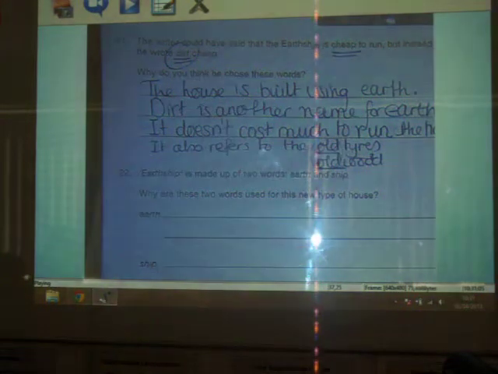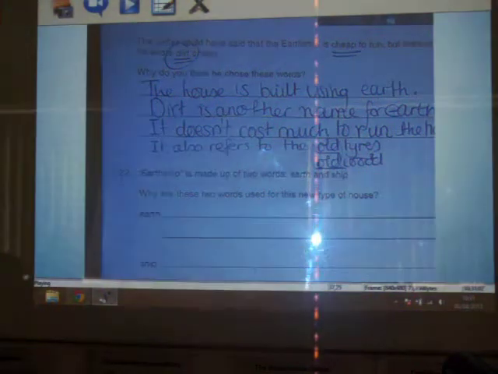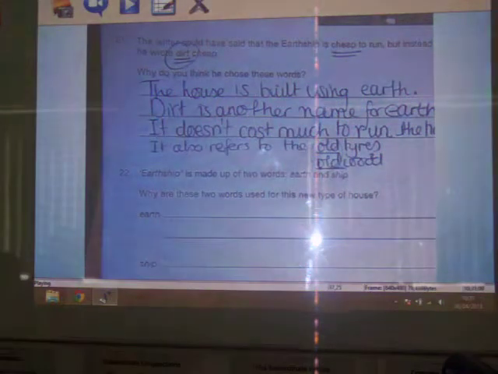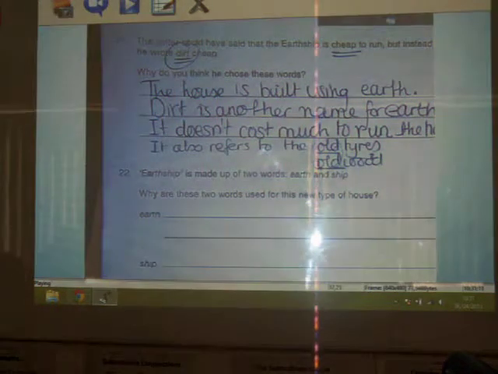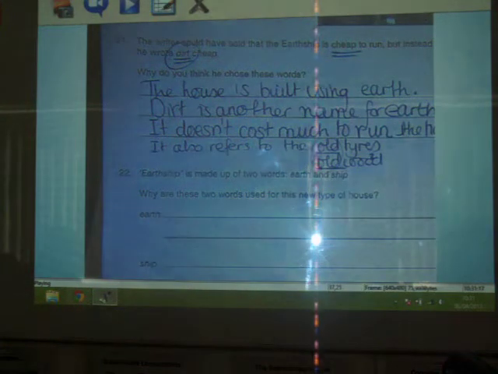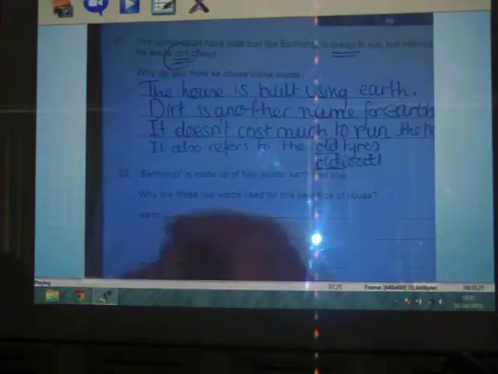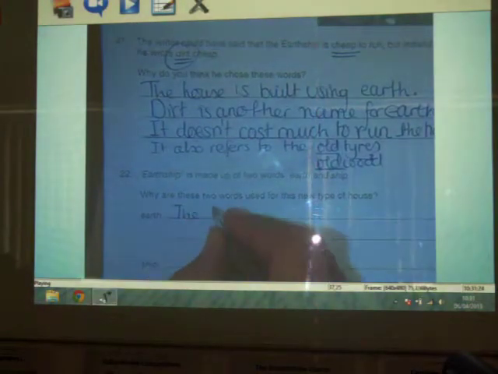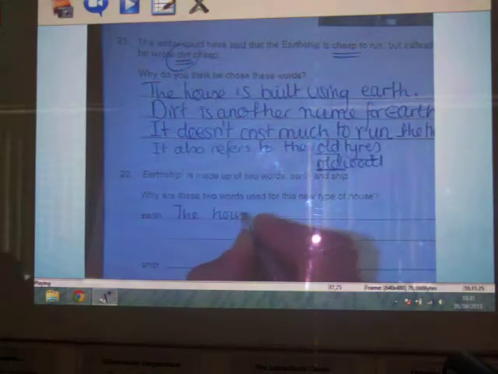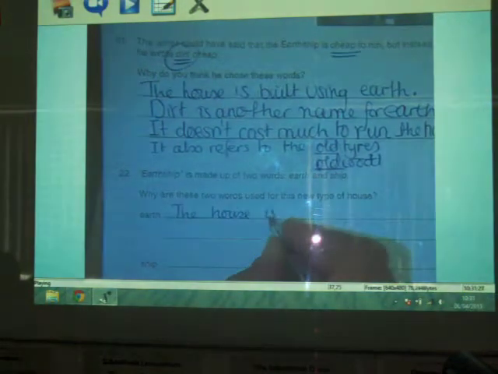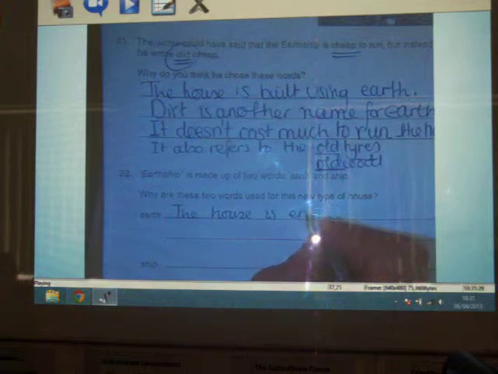And if something is natural, what are you doing to the environment? You're protecting the environment. You're not destroying it. It's an eco-friendly house. So the word earth means that we're not damaging the earth. That's the first part. It's environmentally friendly.